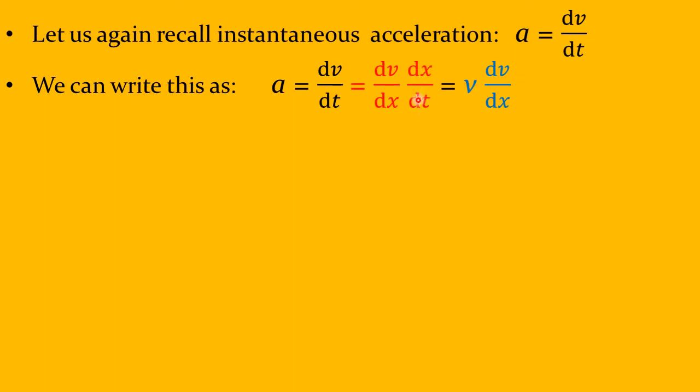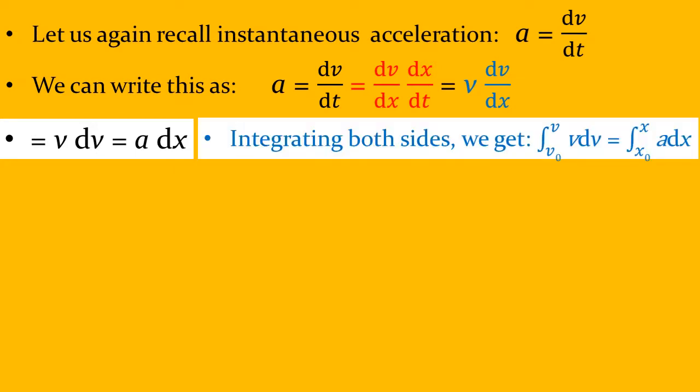And what is dx by dt? dx by dt is v, velocity. So I can write it as v into dv by dx. So I have got a is equal to v dv by dx. I can rearrange it as v dv is equal to a dx.